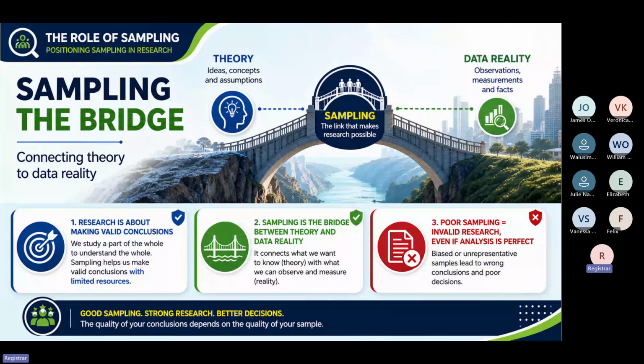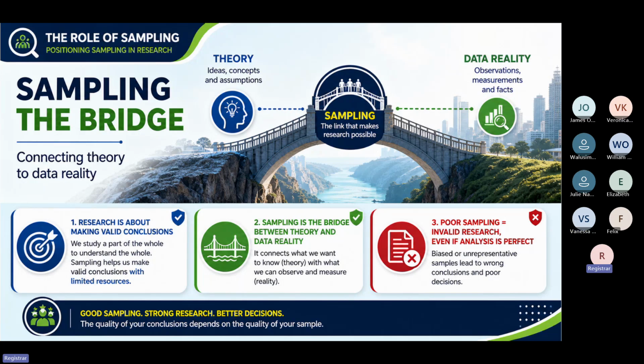We have seen that sampling is actually a bridge between the reality and the theory, and sampling will help us to generalize to the population under study. I hope you are clear. You can hear me well? Yes, Doctor. All right.